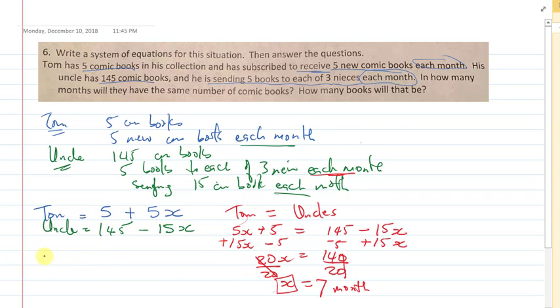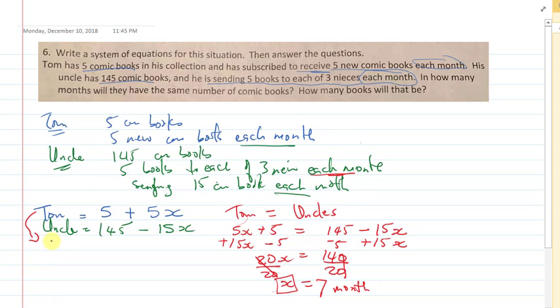Now the question further asks, how many books will that be? So let's solve how many books that would be. Tom and his uncle are going to have the same amount of books. So we're going to use both equations to see if any equation gives a different number.